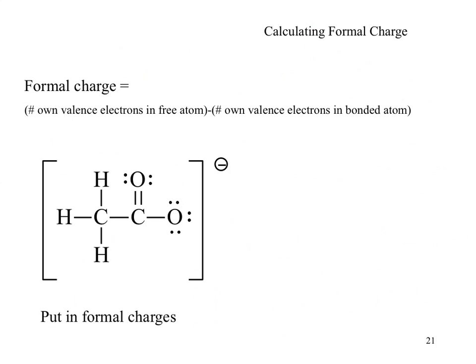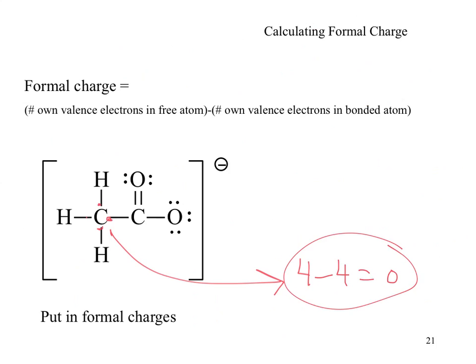So for instance, if I wanted to put in the formal charge for, let's say, carbon over here, I would say that carbon has 4 electrons on a usual day when you think about carbon as an atom. And in this particular situation, it is forming 4 bonds. So it has actually 4 electrons of its own. So 4 minus 4 is going to be 0. So carbon, when it forms 4 bonds, is going to have a 0 charge.